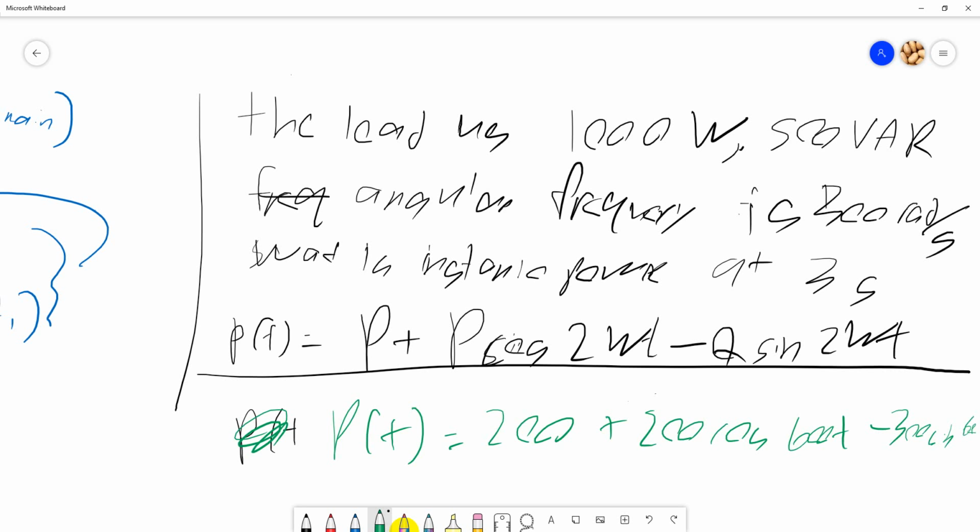From this you need to find what P is and what Q is. From this equation you need to extract P, Q and the angular frequency. That is how the questions around the instantaneous power equation are asked. So you need to know.